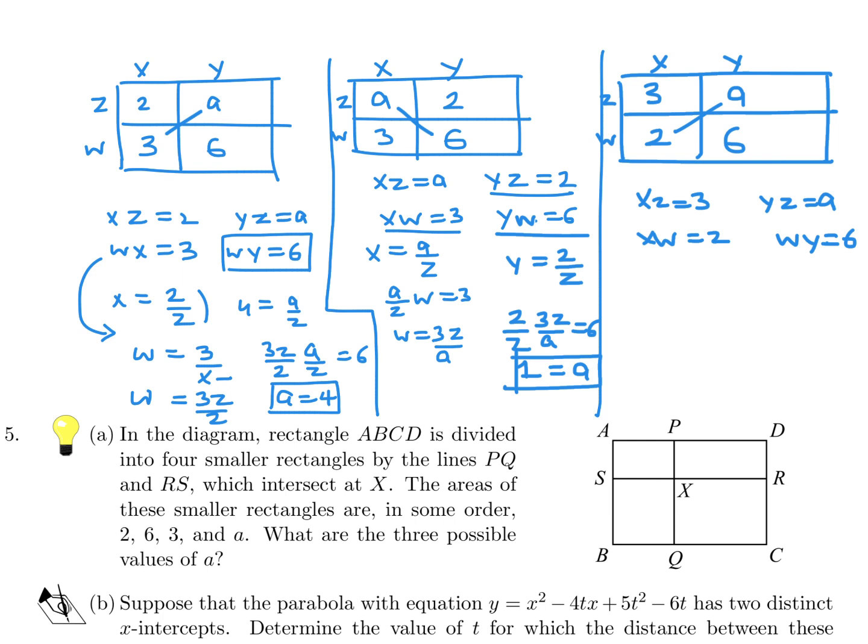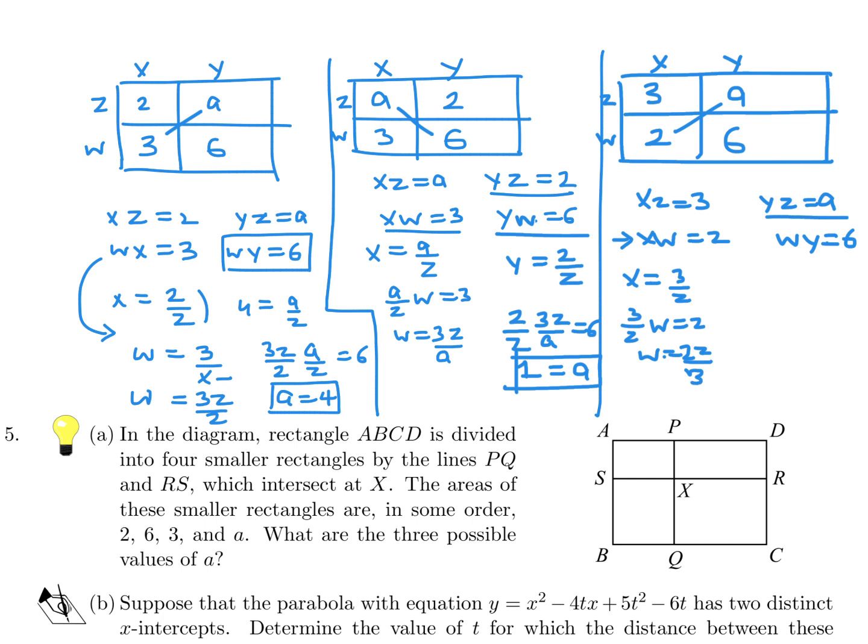Okay, so that means X is 3 over Z. And therefore, substituting into XW, W is 2Z over 3.